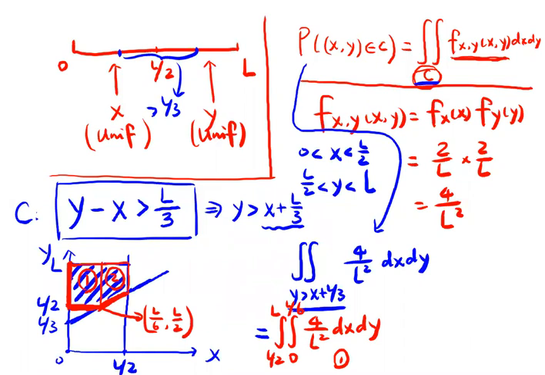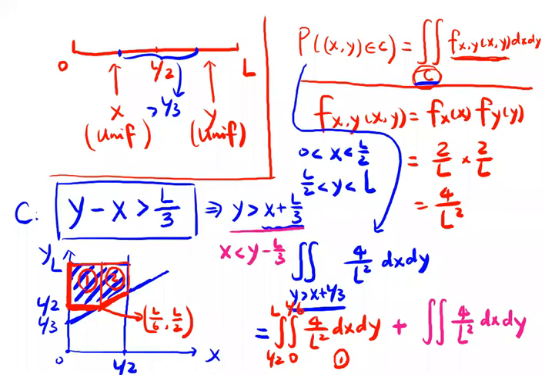And let me use a different color for part 2. So for part 2, you still have the joint density to be 4 over L squared. And in this case, you might want to integrate, let's see, if you do dx dy, then if you do dx, because this is the line, x should be smaller than y minus L over 3, okay?